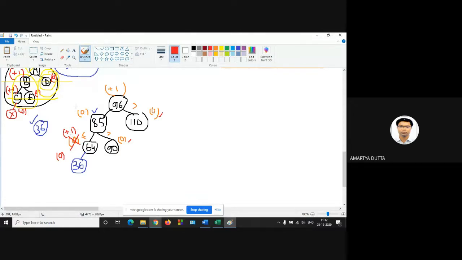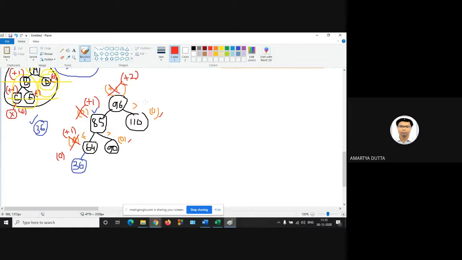For 85, what will be the balance factor? Plus 1, because the height of the left subtree minus the right subtree is greater, so it will be plus 1. Okay. Now what will be the balance factor of 96? Plus 2. Is it clear to everyone?